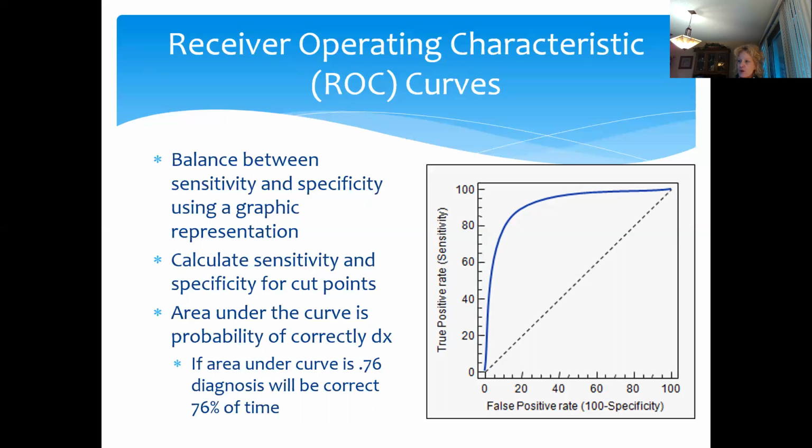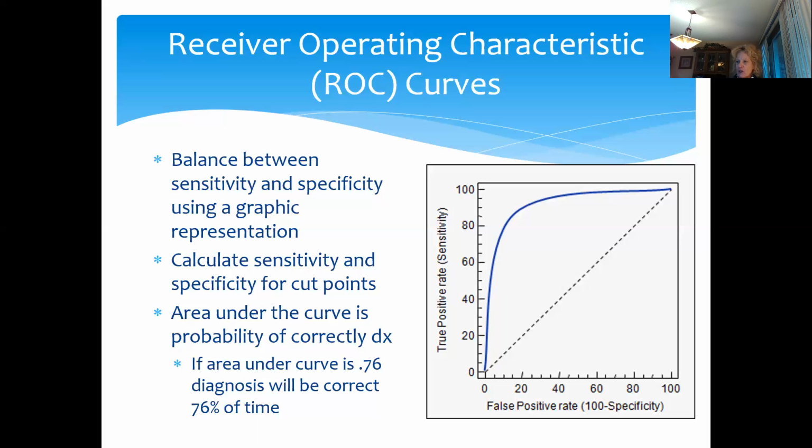The way you do this is to determine some cut points and calculate sensitivity and specificity for the various cut points. And that area under the curve is the probability of your correct diagnosis. If the area under the curve is 0.76, the diagnosis will be correct 76% of the time.